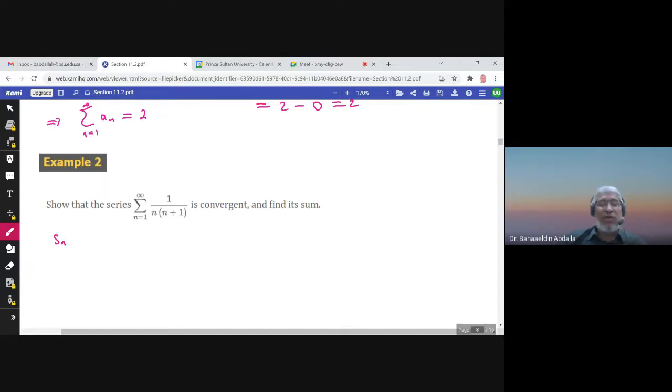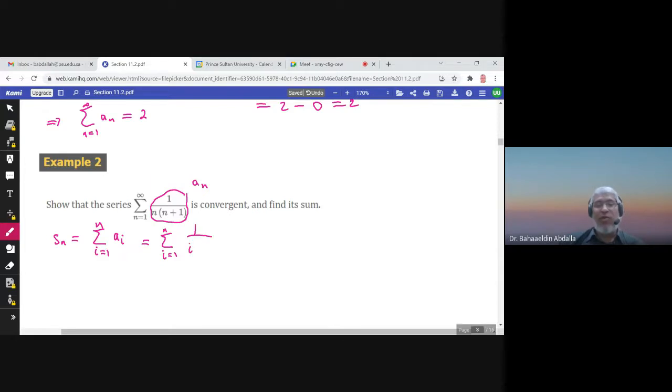What is the definition of Sn? It is summation ai from 1 to n, the sum of the first n terms. If we look at this series, what is this? This is an, isn't it? So what is ai? You replace n by i.